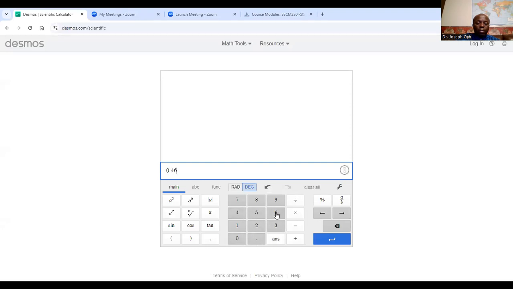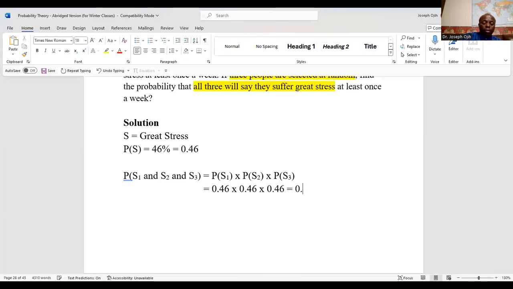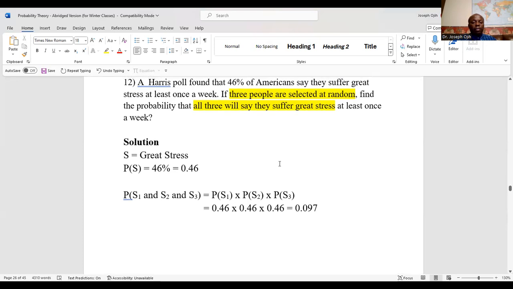That gives 0.097 rounded. That's the answer for this.